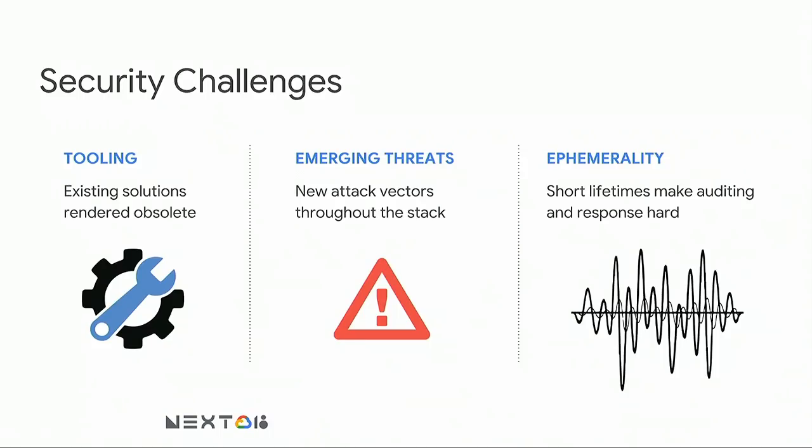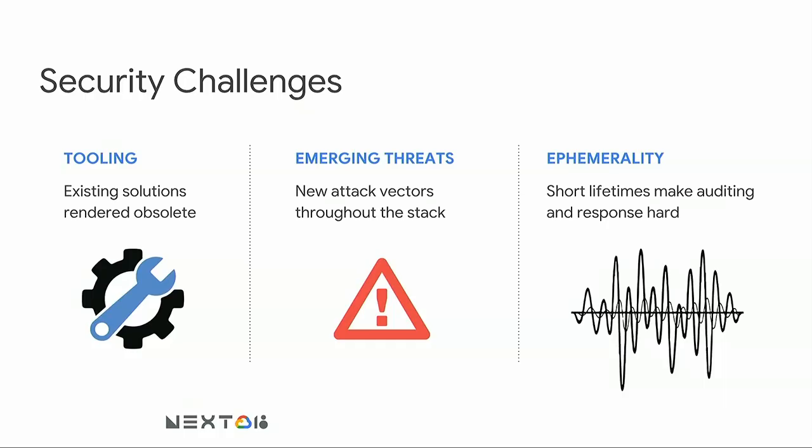Now, Alex talked a lot about infrastructure modernization, and at the same time these businesses selected GKE and Kubernetes to drive that modernization, they also had to figure out how to address the unique security challenges that were introduced by containers. Existing security tools lack container awareness and are rendered obsolete.